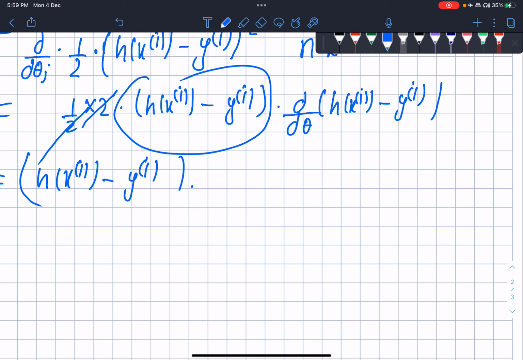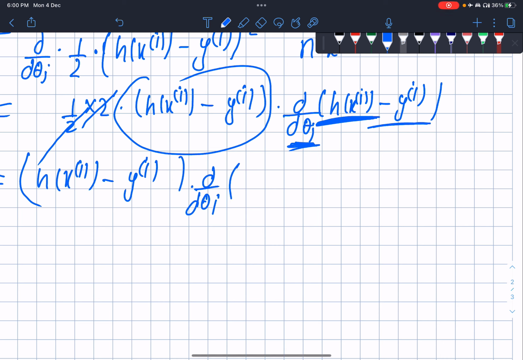Now we have a twist here. This h depends on theta, and y has no dependence on theta, so there is no concept of y in the derivative. How can we write this? We can expand this function as theta 0 plus theta 1 into x, minus y.